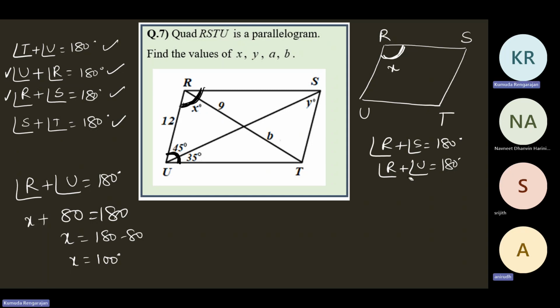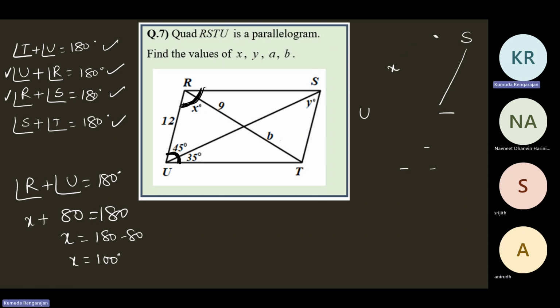Understood? Now, Y. See, Y is marked here.